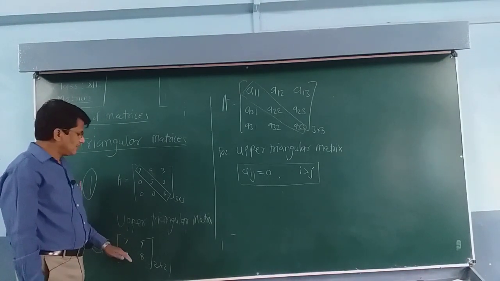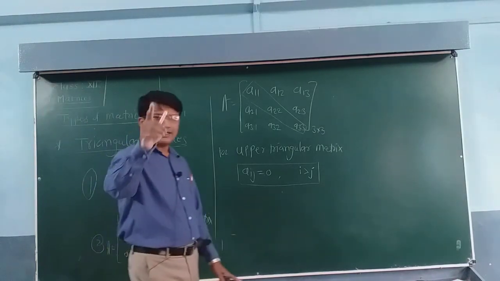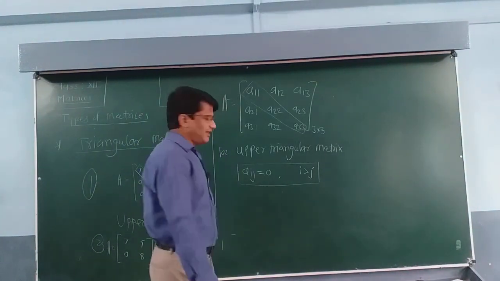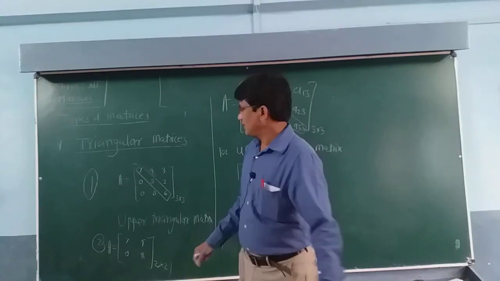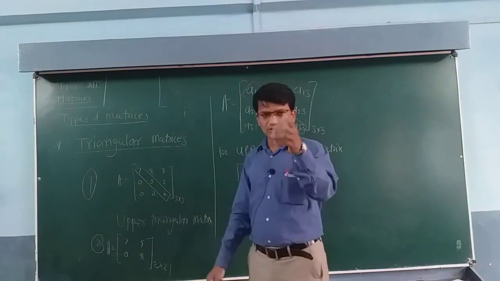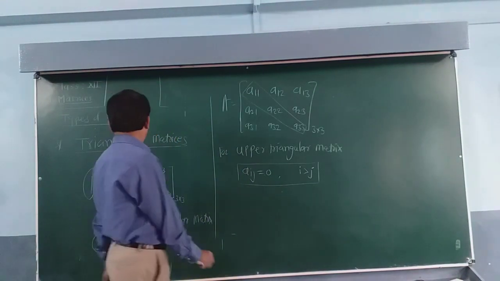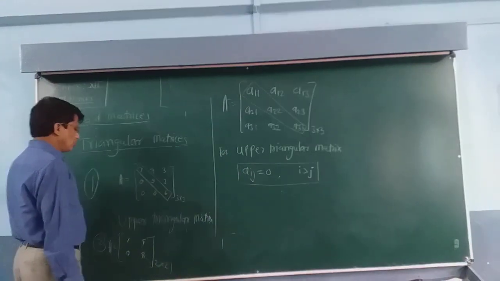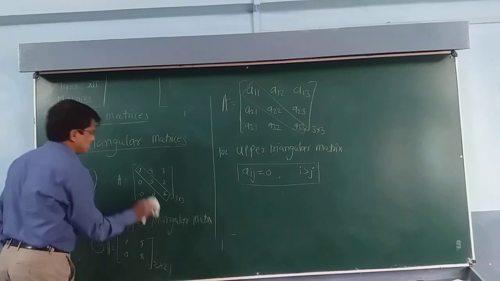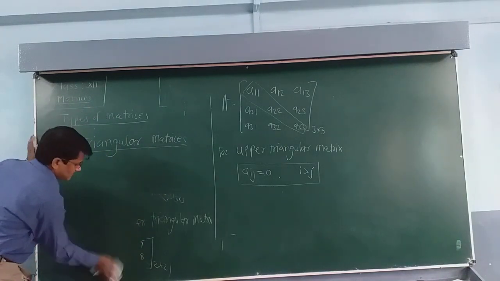So this is an upper triangular matrix. But if we consider the elements at the other positions as 0, then what will happen? It is a lower triangular matrix. This is another type, the lower triangular matrix. I am changing the elements here.